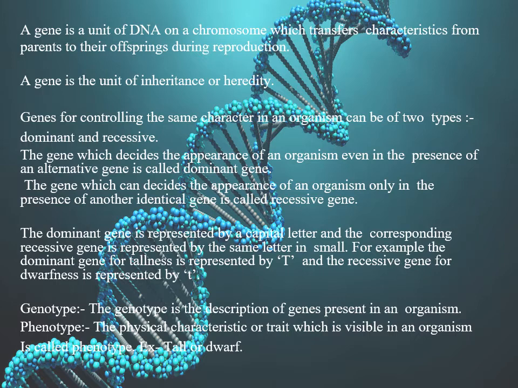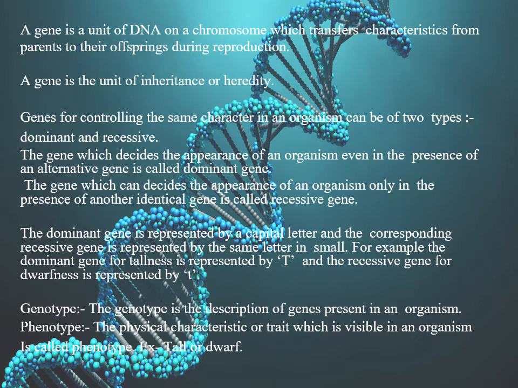So these genes are used for controlling the same character in an organism, and they can be of two types. It can be dominant or it can be recessive. Now we will see what these terms, dominant and recessive, mean. Dominant, you would have heard about that term. Dominance, showing, dominating.